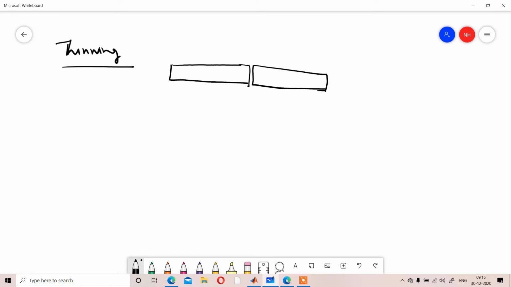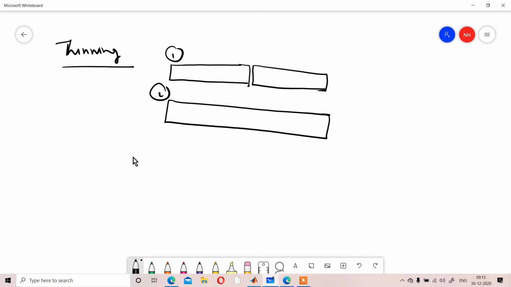Suppose you have two images, that is your first image, that is your second image. Now if you see them visually, you will not be able to see that gap.